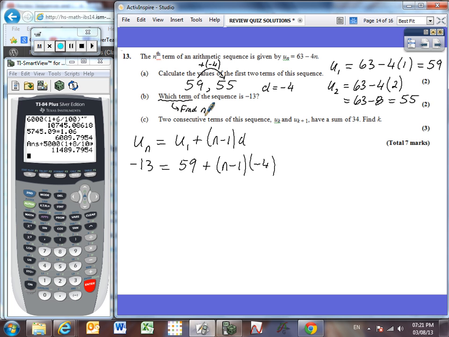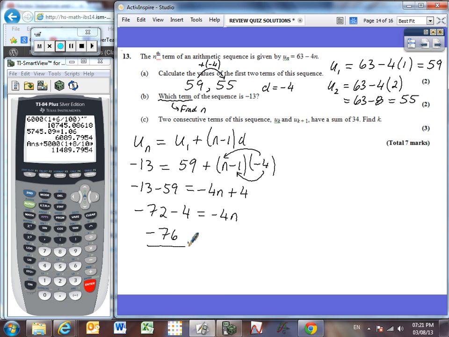Alright, let's solve for n here. Then I'll bring my 59 over to the left-hand side. It becomes a negative 59. And on the right-hand side, my negative 4 is distributing to my n and to my negative 1, creating a plus 4. Alright, on my left-hand side, I've got negative 72. Let's bring the positive 4 to the left. It becomes a negative 4. And so on my left, I've now got negative 76.